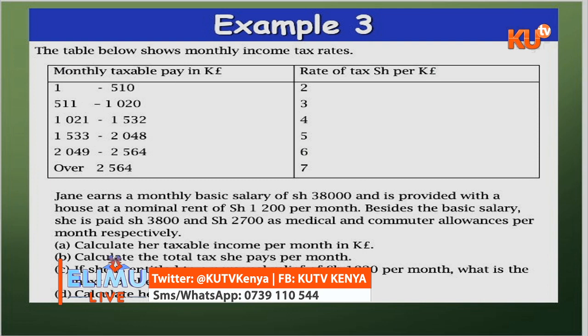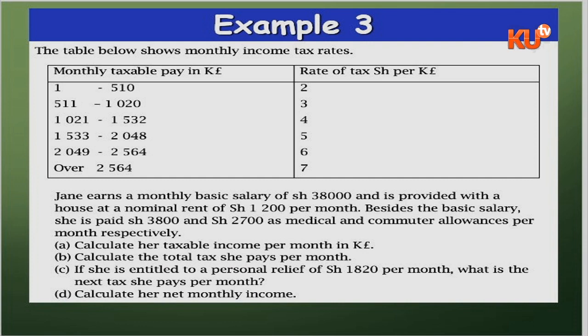So there is an employee called Jane who earns 38,000 as basic salary and is provided with a house at a nominal rent of 1,200 per month. Besides the basic salary, she is paid 3,800 and 2,700 shillings as medical and commuter allowances per month. Calculate her taxable income per month in Kenyan pounds.